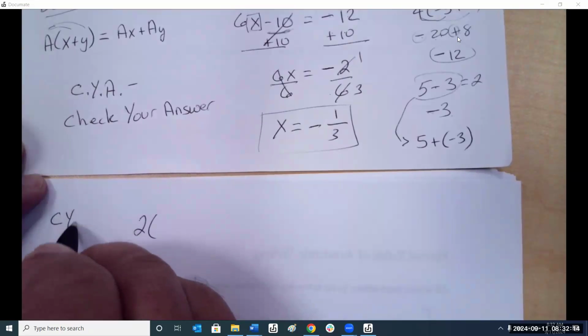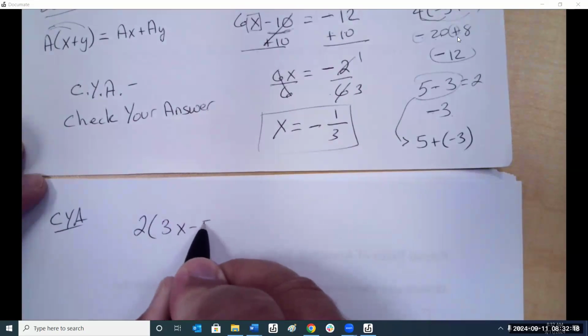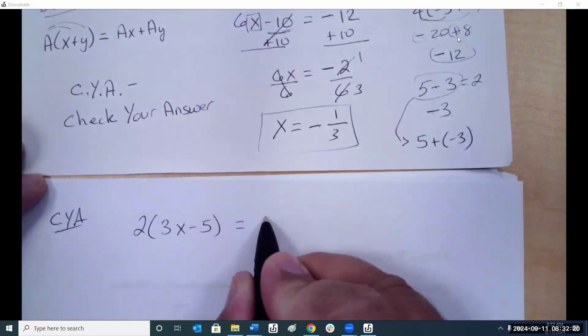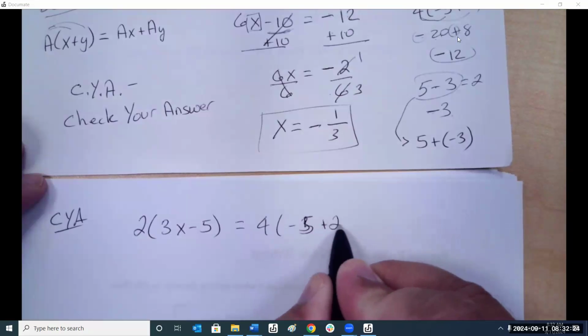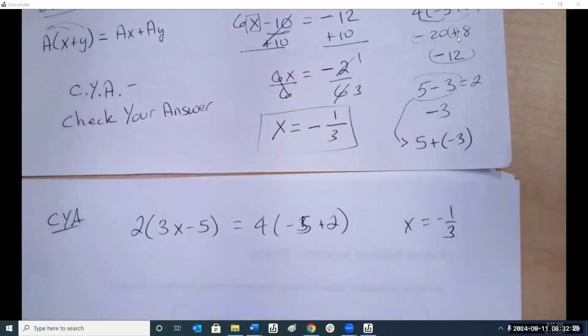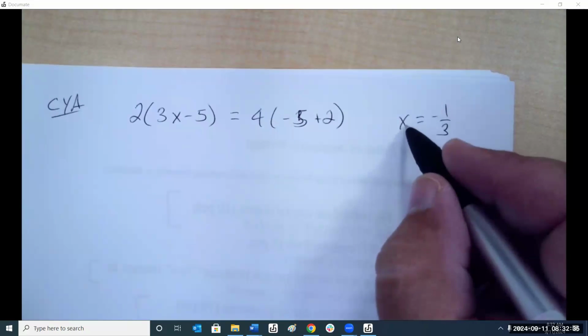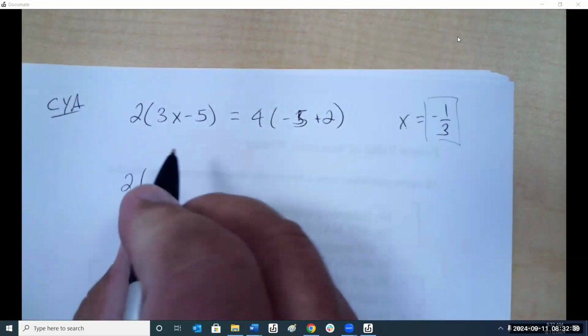This is my CYA. It is covering your posterior. When x equals negative 1/3, let's see how we would check that. Anywhere you see x, plug in negative 1/3.